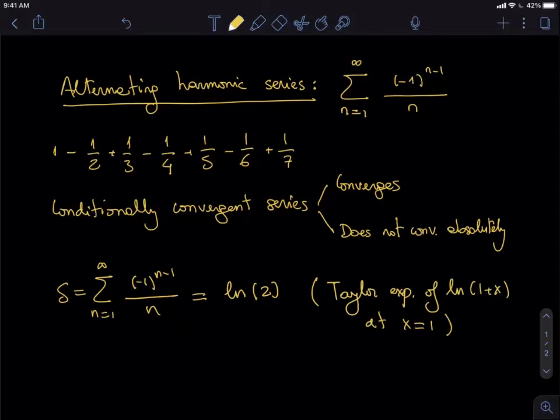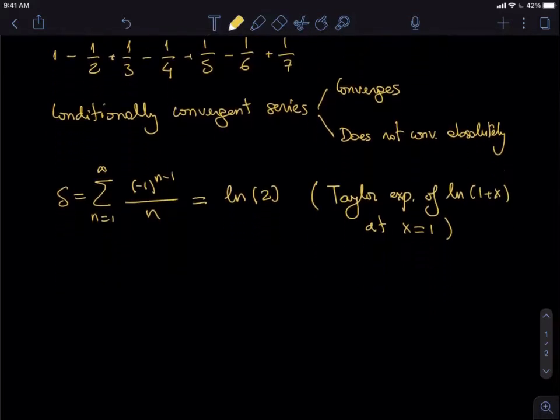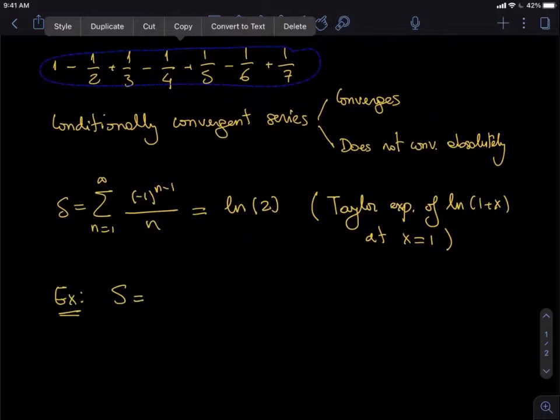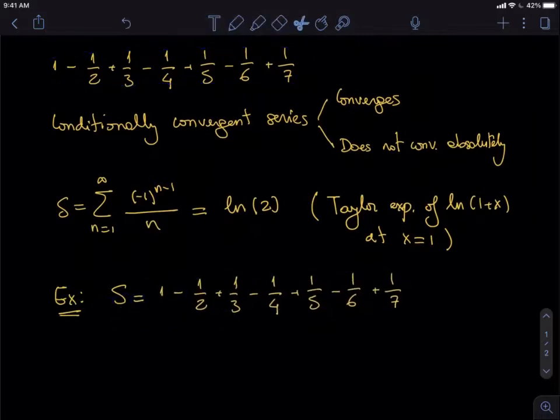But now, this alternating harmonic series has a very striking feature. Let me show you one proof that we can do using this series. So again, let's write it in expanded form. Okay, let me copy these few terms.